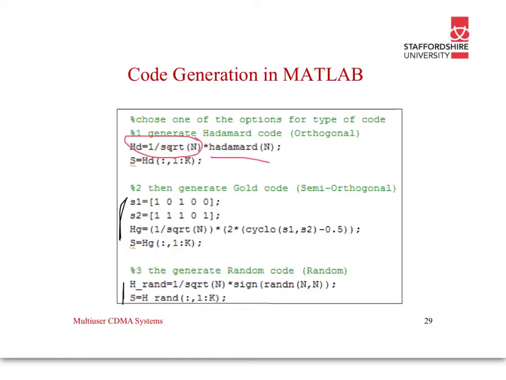Then if we want to generate the gold code, then we would comment out these two lines and uncomment these by taking the percentage signs away. S1 and S2 are the generator matrices for the pseudo noise shift registers.